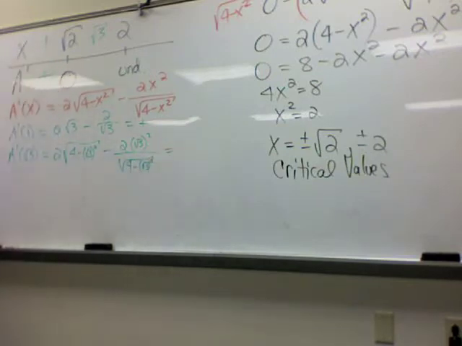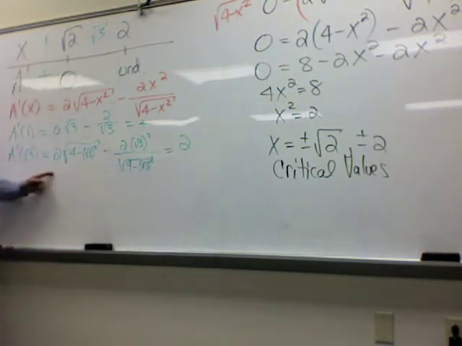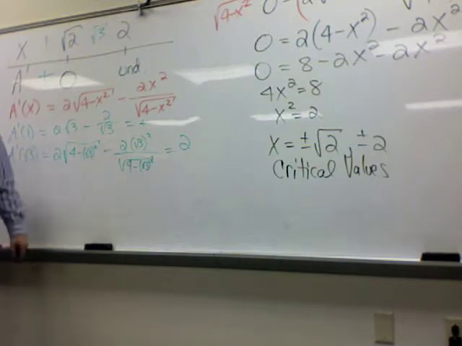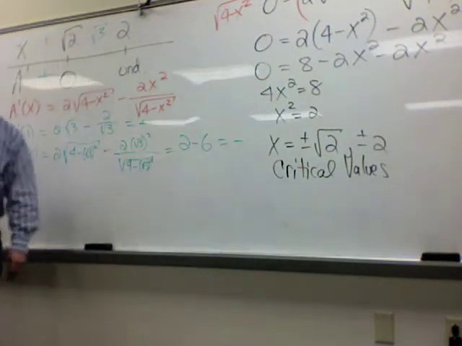What does that give you? What do you get from this? 2. Because it becomes 2 times 1. It becomes the square root of 1. Okay, what do we get from this? 6 on the top, 1 on the bottom. So this is really 2 minus 6, which is a negative.